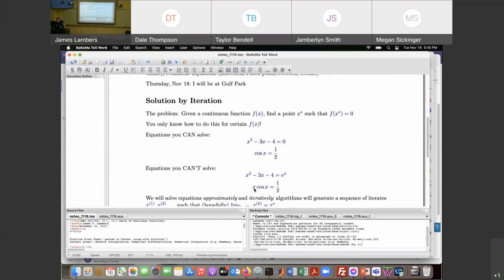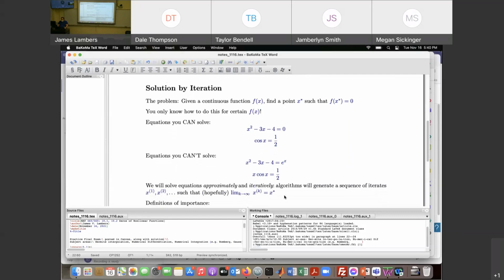We'll see various approaches in this chapter, but what they all have in common is that they'll be iterative in character. So you'll get some sequence of iterates, like an initial guess x0, x1, x2, etc. And the idea is that this sequence of iterates will hopefully converge to some root x star.